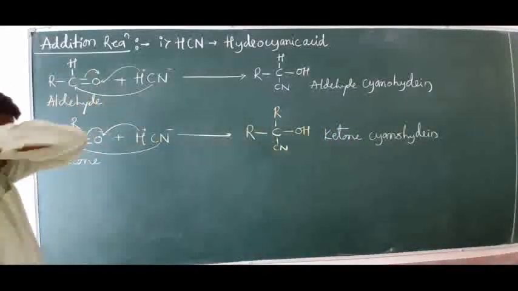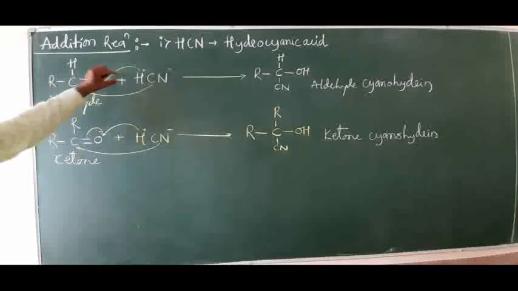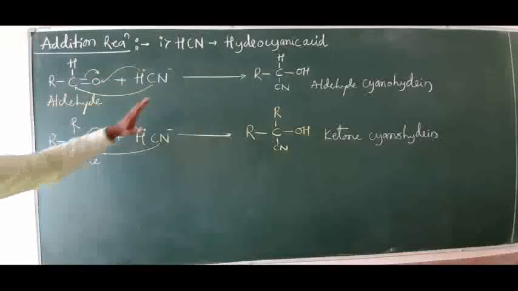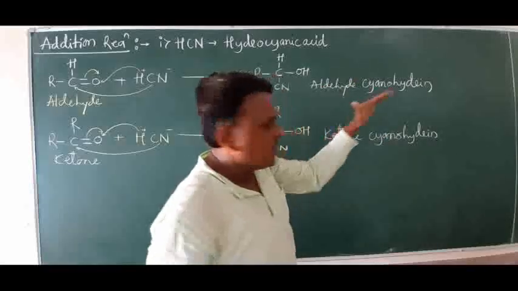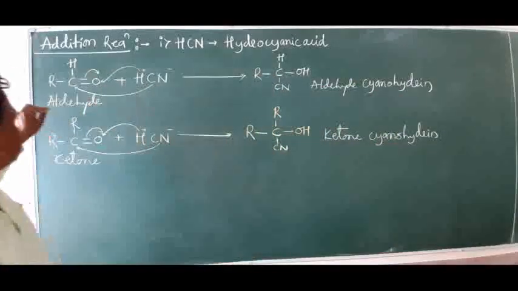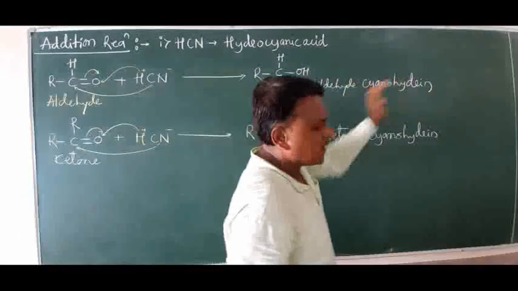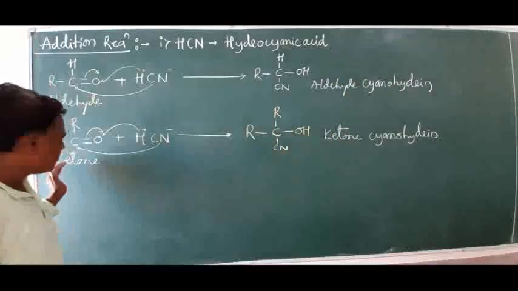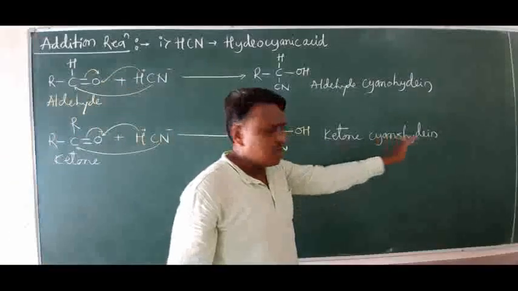It's a very simple addition reaction, friends. When an aldehyde or a ketone reacts with hydrocyanic acid, it forms the corresponding aldehyde cyanohydrin or ketone cyanohydrin. If you use acetaldehyde, you form acetaldehyde cyanohydrin; if you use a ketone, that is acetone, the answer is acetone cyanohydrin.